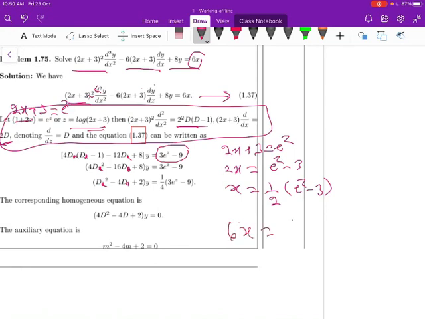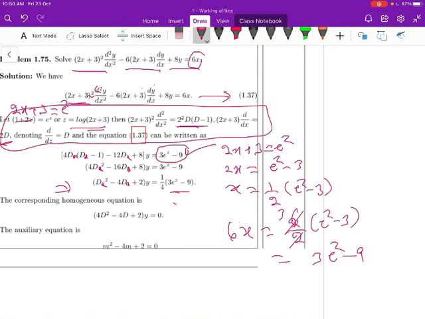Therefore 6x is equal to 6 by 2 into (e power z minus 3), which implies 3 into (e power z minus 3), that is 3 e power z minus 9, which I have written here on the RHS. So this implies (4D square minus 4D plus 2) into y is equal to, where 2 is common, 1 by 4 into (3 e power z minus 9).